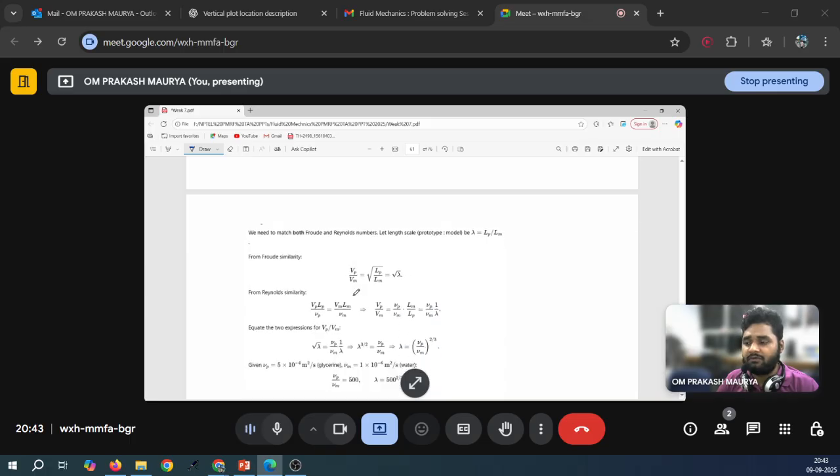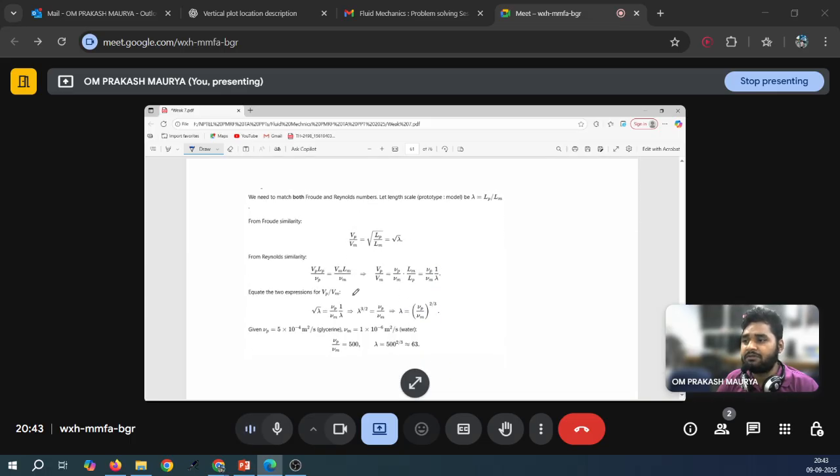Because I do not have a pen today, I'll just show you the answer and how I will proceed. We need to match both Froude number as well as Reynolds number, because it is given in the question. The length scale is prototype divided by model. Here lambda is considered in place of LR.